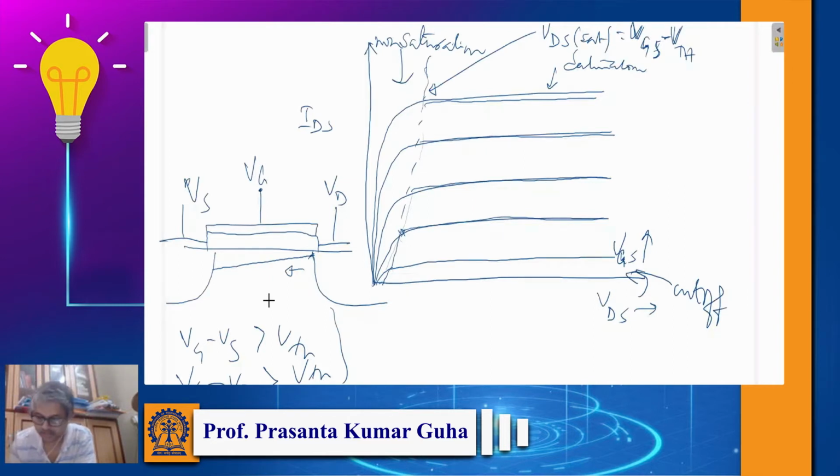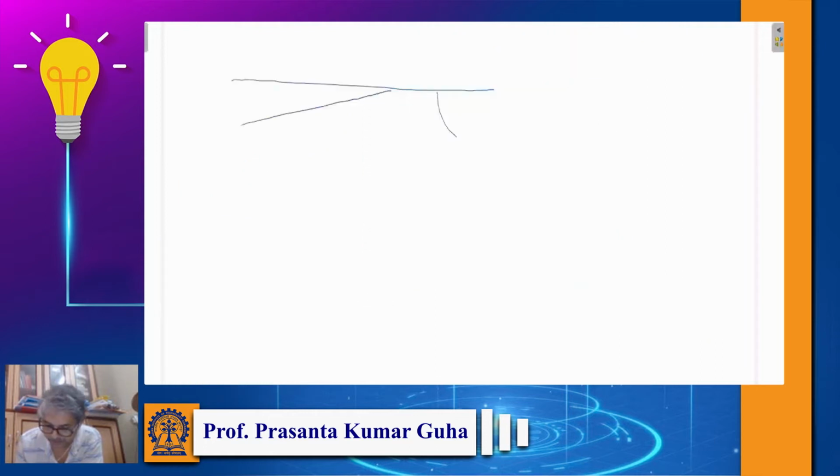Now you had queries like why this current is not increasing even if we are increasing this drain source voltage. Even if we are increasing VD, why is the current fixed after pinch off? I mentioned that I will clarify this point in this class.